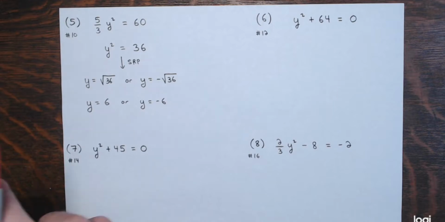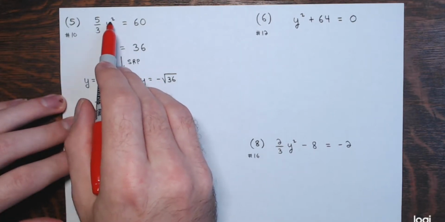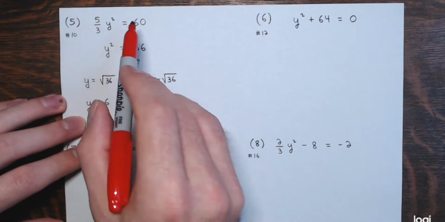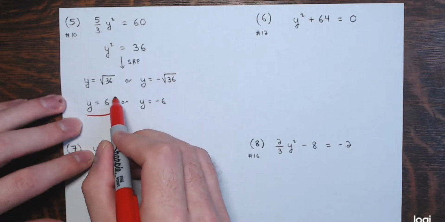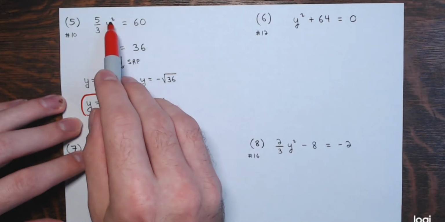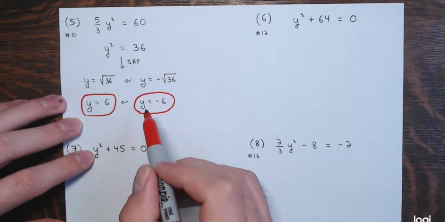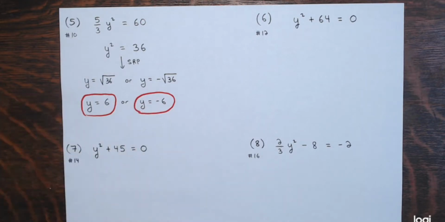Well, 6 squared is 36. 3 goes into 36 12 times. 5 times 12 is 60. This works. And so would negative 6, because negative 6 squared is also positive 36, and 5/3 times 36 is 60. Great. 6 and negative 6.